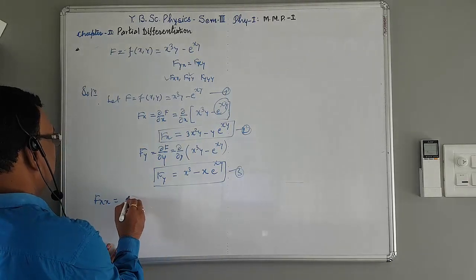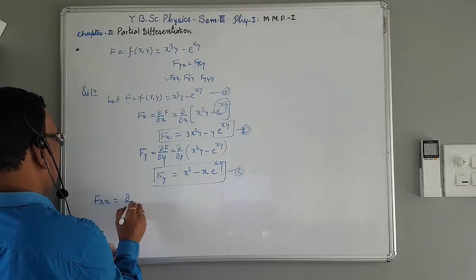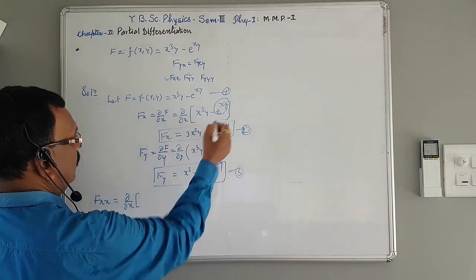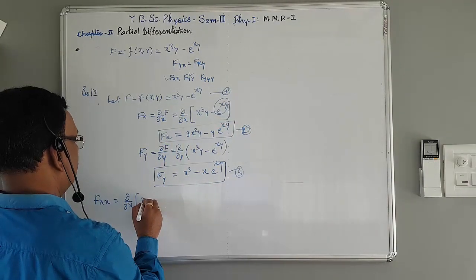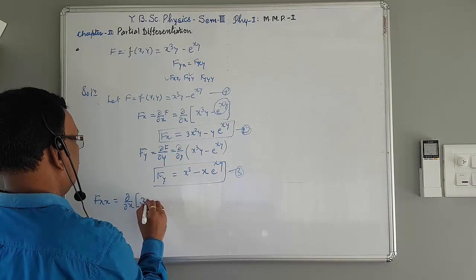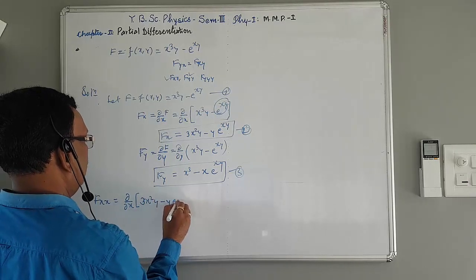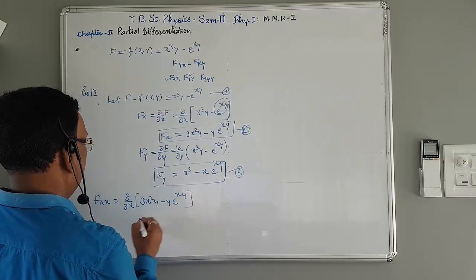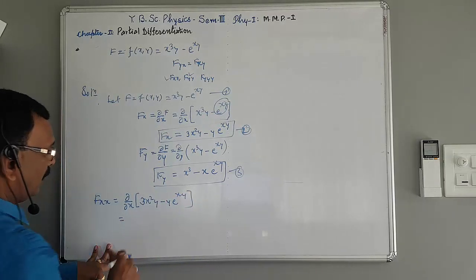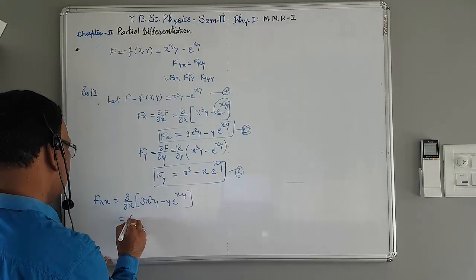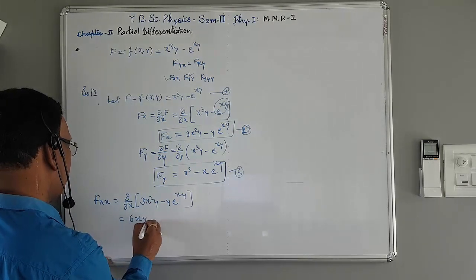What we have to do? Here ∂/∂x of the first function, that is this one, 3x²y − y e^(xy). Again differentiate. What is the differentiation of the first term with respect to x? That is 6xy.